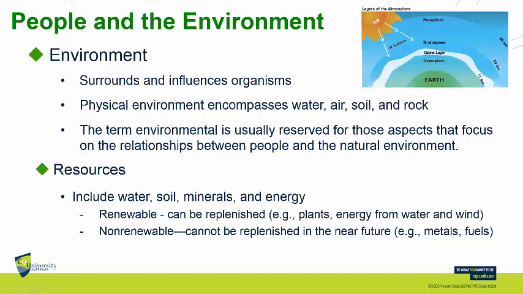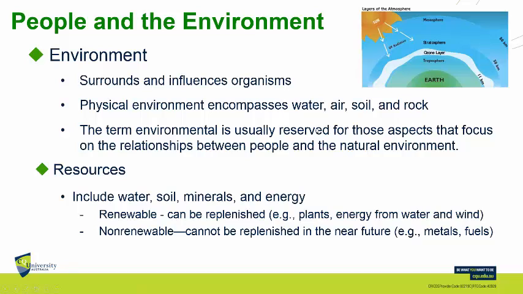So we look at the environment here. We talk about the surrounds. The environment is defined as surrounds and how it defines and influences organisms. Now we know this relates to animals, insects, plants and minerals, and we can see that the physical environment encompasses water, air, soil, rock, the four elements.